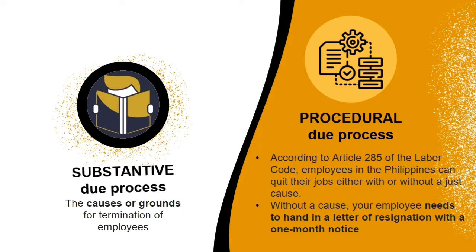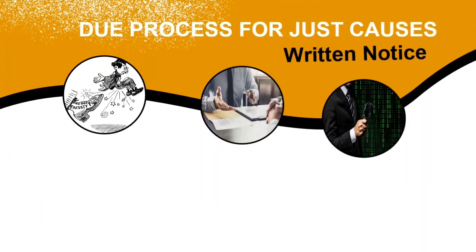Okay, so now class, we have the due process for just causes again. The just cause procedure refers to the steps or the process of implementing due process in relation to termination of employment. And there are three steps in a just cause procedure.